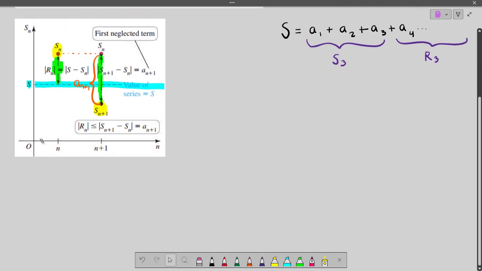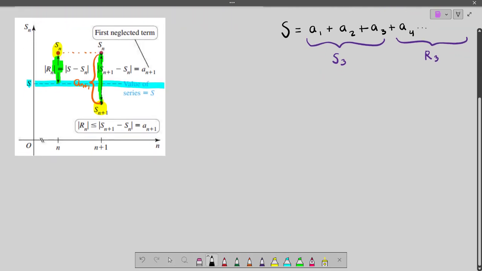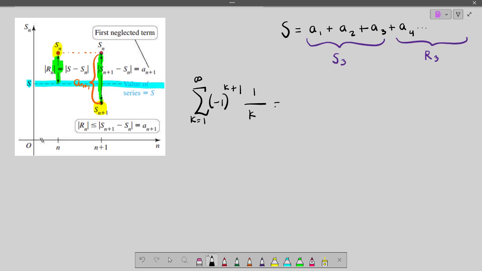So this is totally cool, because if we look at this alternating harmonic example, first term is positive here, the way I've set it up.